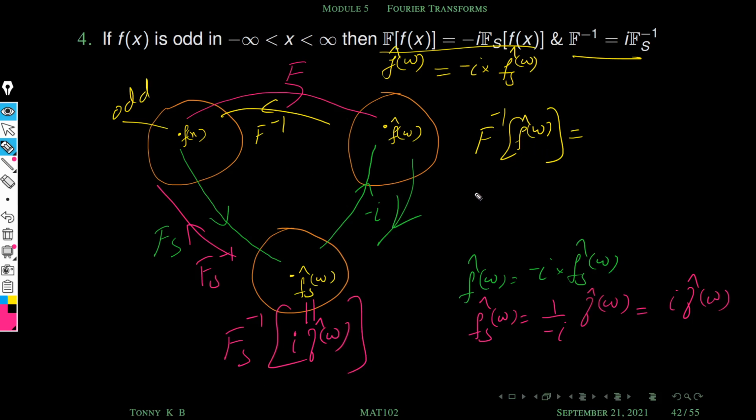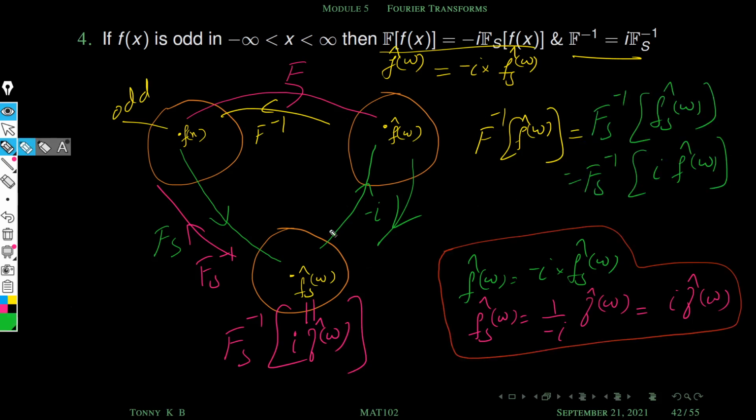We can evaluate this inverse this way: this is equal to fs inverse of fs cap of omega. If you take the Fourier sine inverse of fs cap of omega it gives the same function, and we just replace this fs cap of omega using I into f cap of omega.